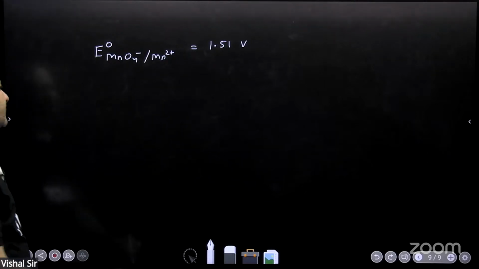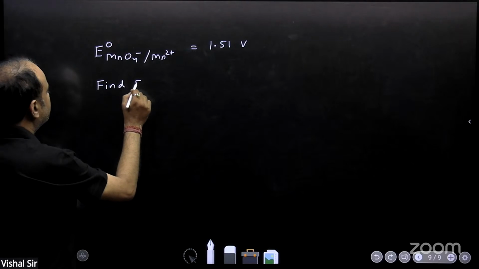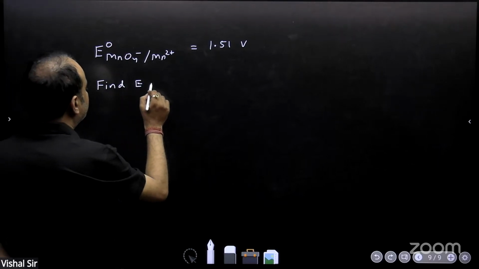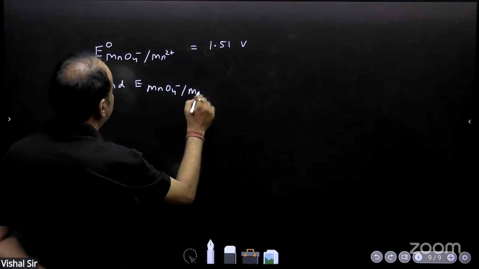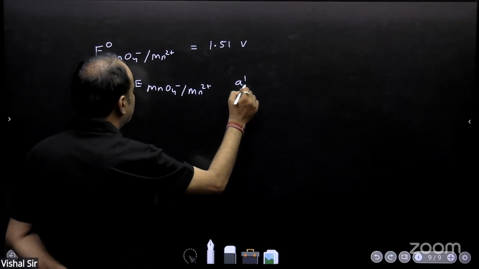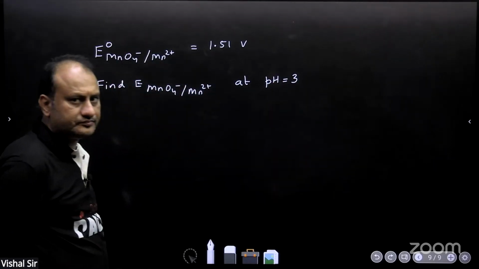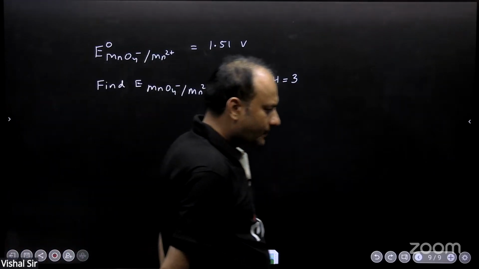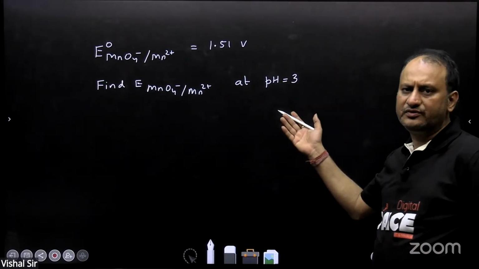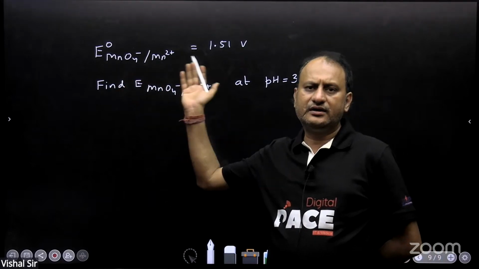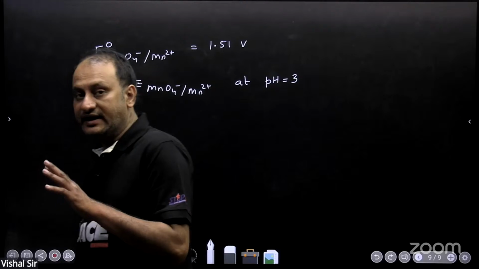And let's say we are asked to find E of this half cell at pH equal to 3. Okay. Now you might think at first instance, how is pH going to affect here? H plus we can't see anywhere. So yes, first let's write the half reaction.